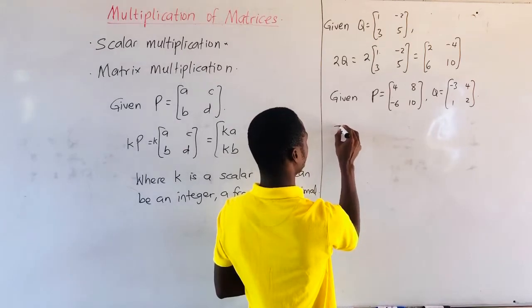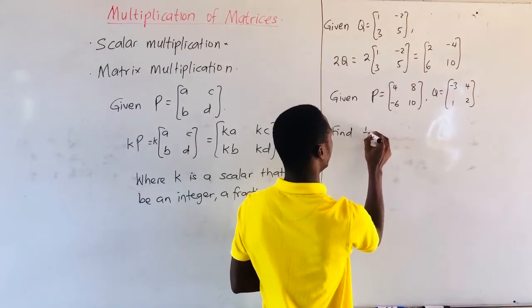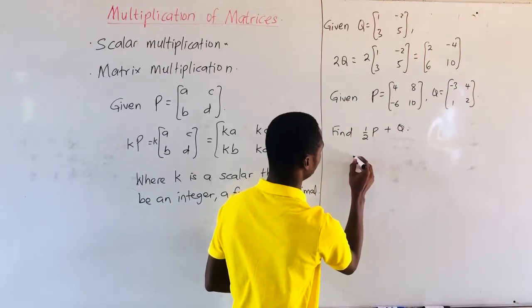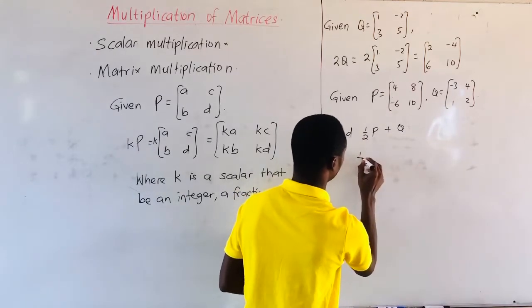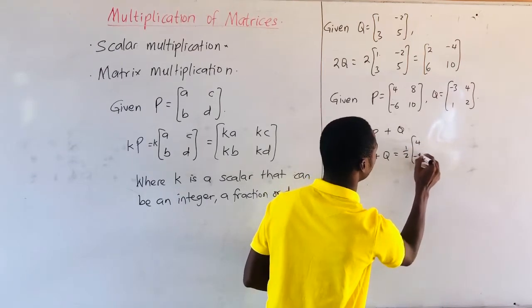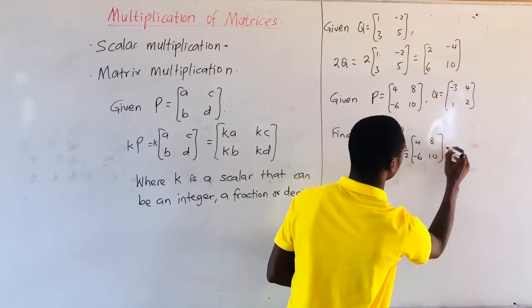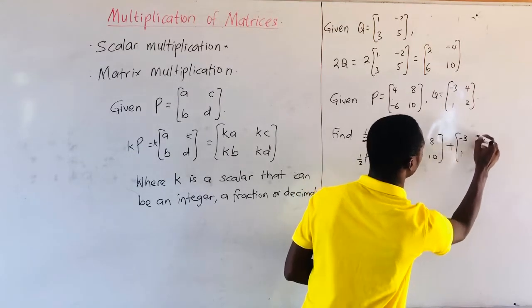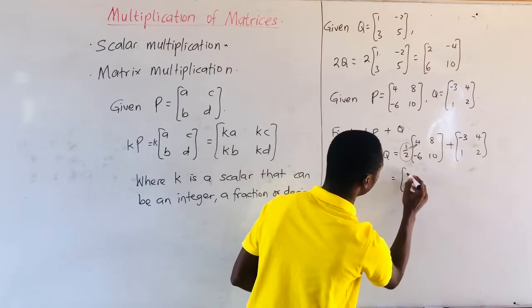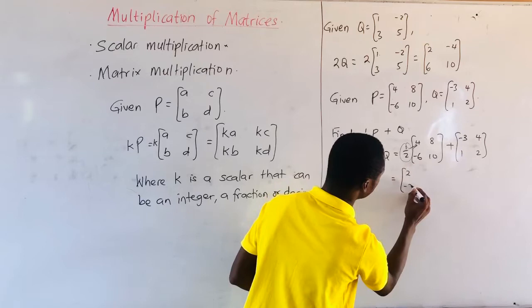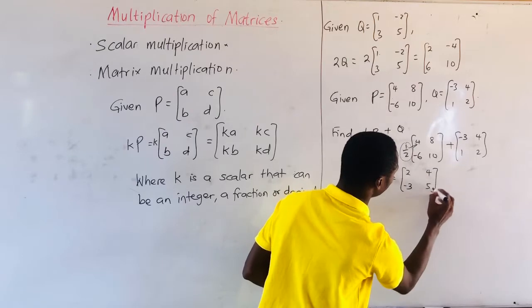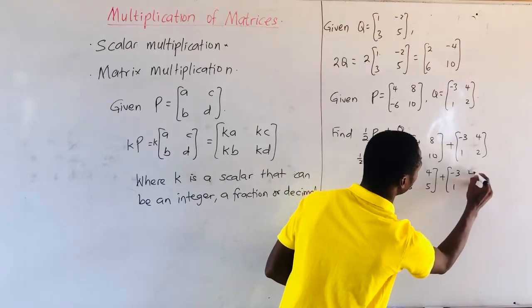Let's find half P plus Q. Half P plus Q will be equal to half times the matrix P plus matrix Q. And that will be equal to half times 4 will give us 2. Half times negative 6 is negative 3. Half times 8 will give us 4. And then half times 10 will give us 5. Plus negative 3, 1, 4, 2.